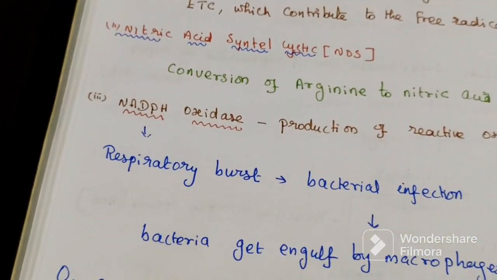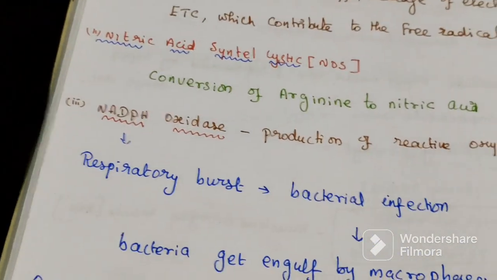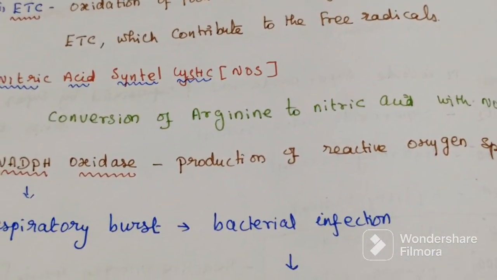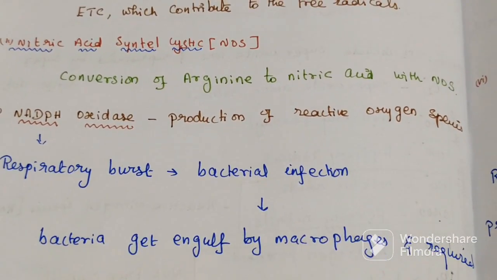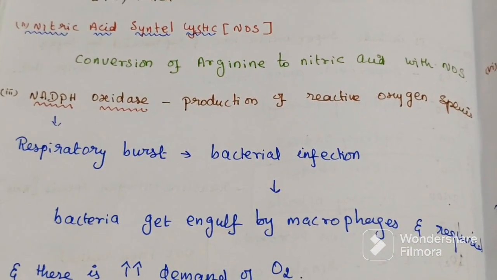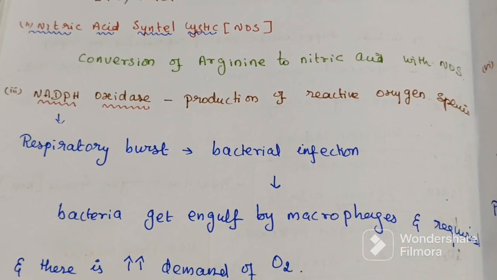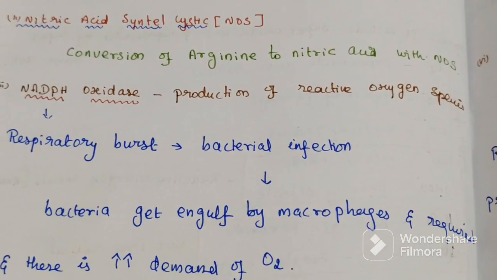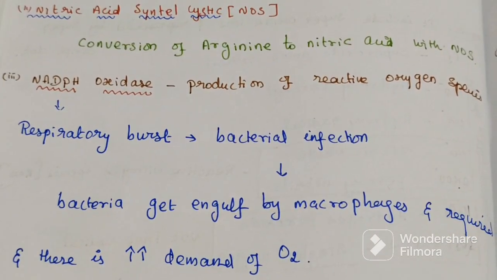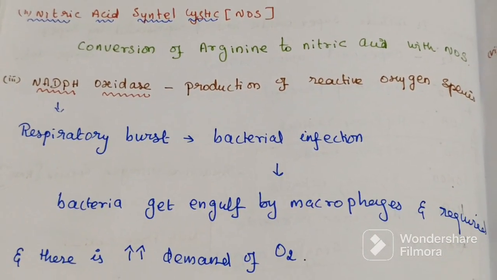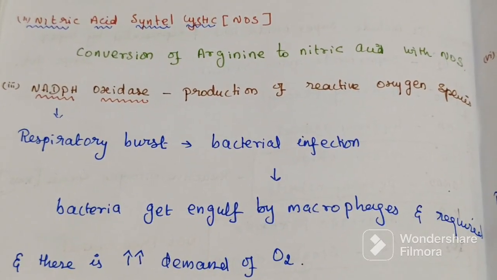Then the third one is the NADPH oxidase reaction. In this reaction, there is production of reactive oxygen species. This can be explained with the help of the respiratory burst.